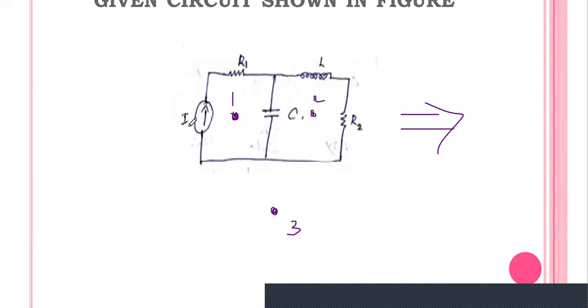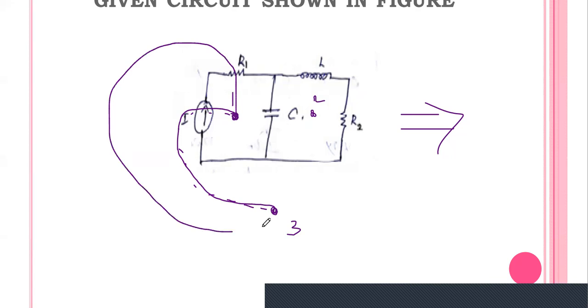This current source I is available and this resistance R1 is available. So this node 1 is connected with node 3 via this current source, and similarly node 1 is connected with node 3 via the other component, R1.